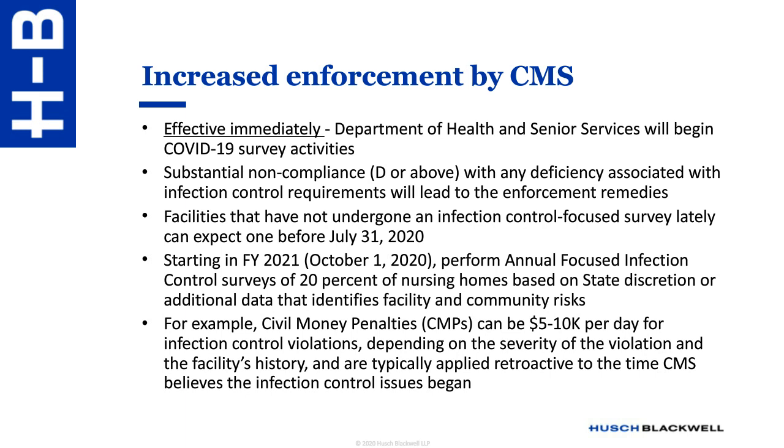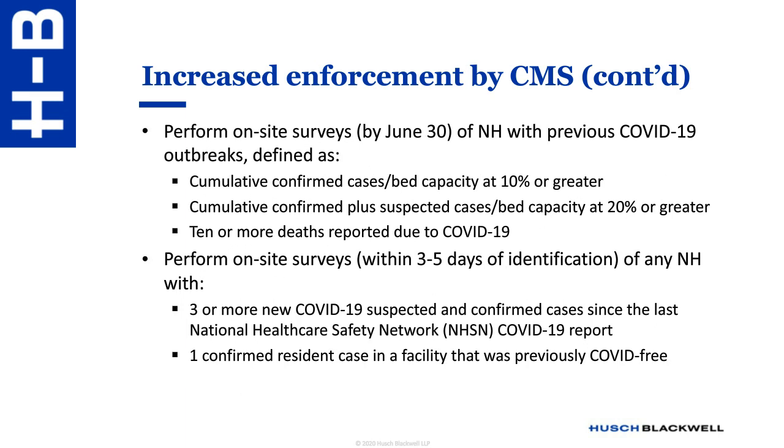As we'll see on the next slide, the survey prioritization of these focused infection controls circles around outbreaks. By June 30th, which has already passed, you were supposed to have a survey done if you had a previous COVID-19 outbreak, defined as cumulative confirmed cases at 10% or greater of bed capacity, or 10 or more deaths reported due to COVID-19.